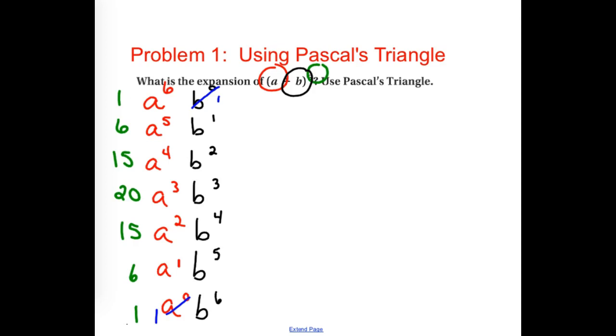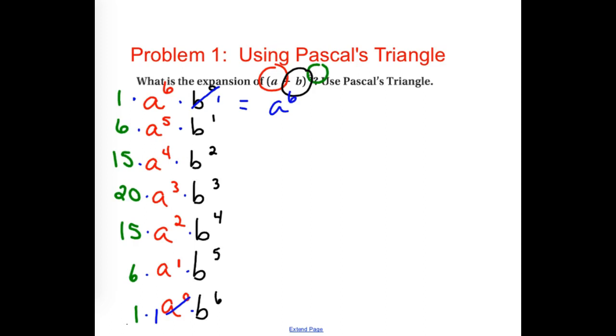Okay? To get the terms of your answer, you're simply multiplying these. Each of these rows is going to get me one term of my answer. Okay? So my first term, I have 1 times a to the 6th times 1. It's just a plain a to the 6th. Okay?